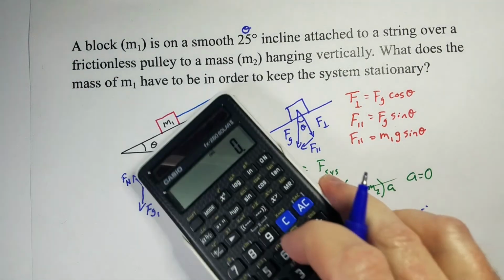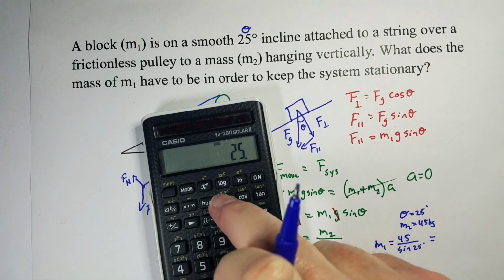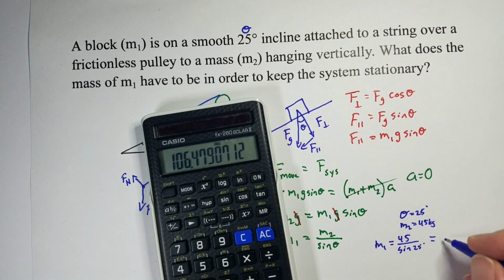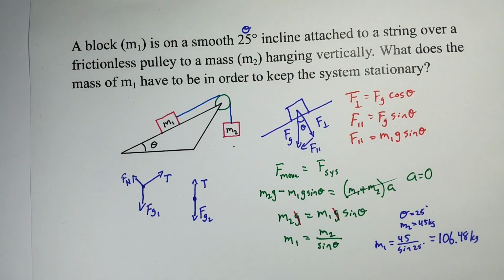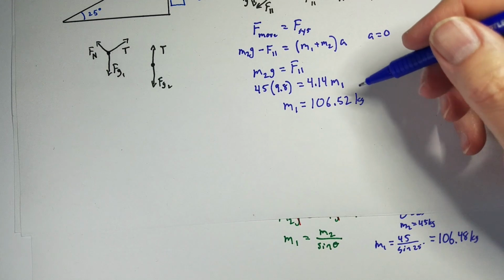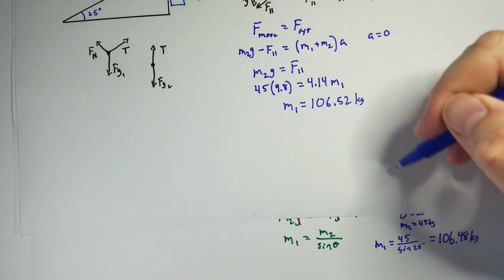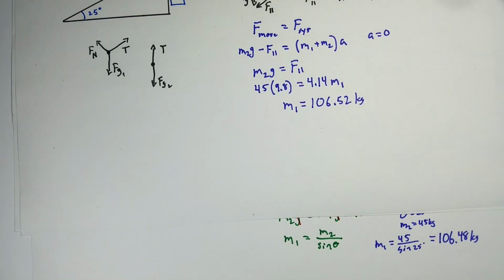Let's see what we get. 45 divided by sine of 25 equals 106.48 kilograms. And on the previous problem, we had 106.52. And that slight difference is probably due to rounding more than anything else.